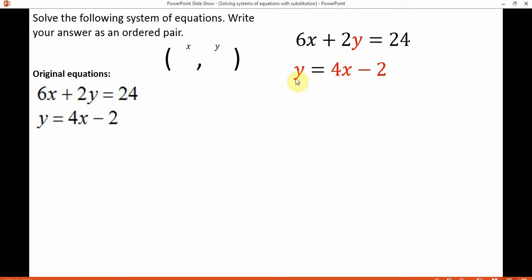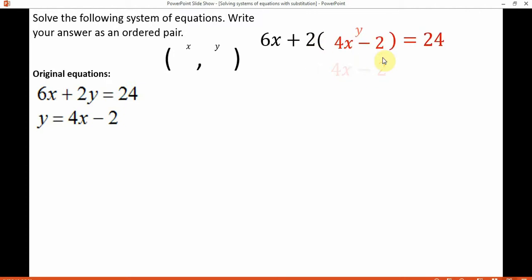Because this equation is telling me that y is 4x minus 2, I can take my y in this equation and put it in parentheses, and then I just give him the boot and substitute it with the expression that y was equal to in my other equation. I substitute it with 4x minus 2. So essentially all I did was that.